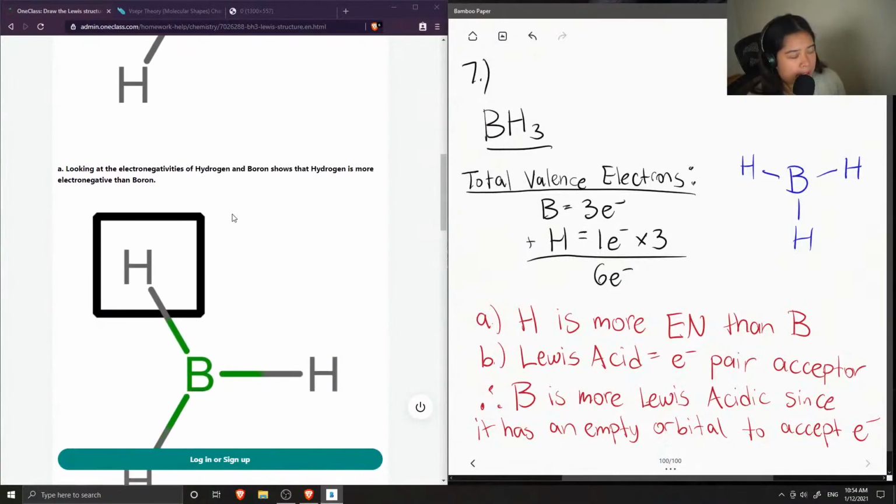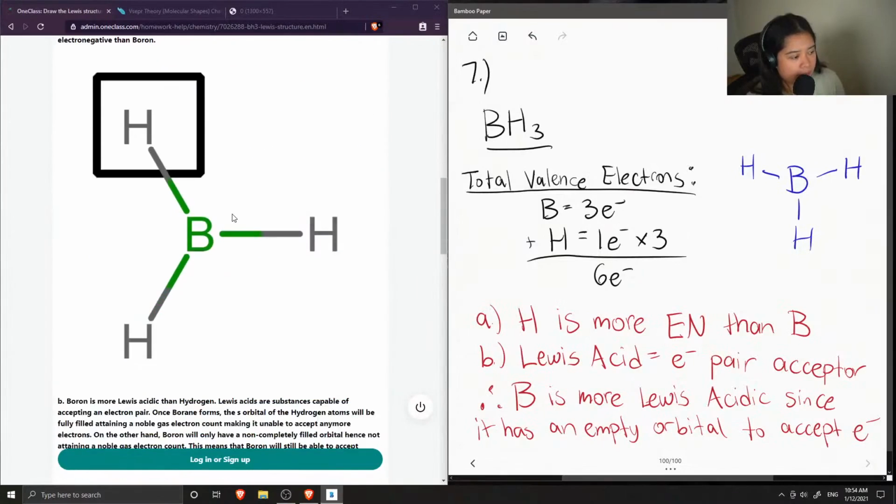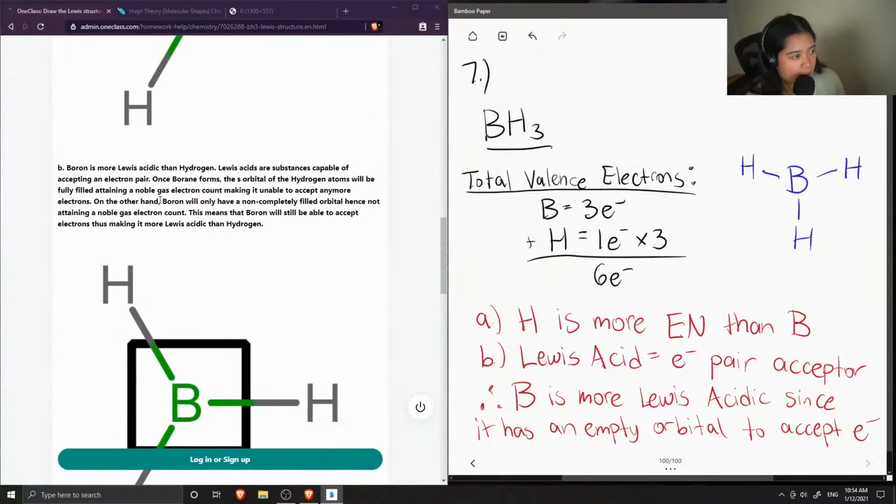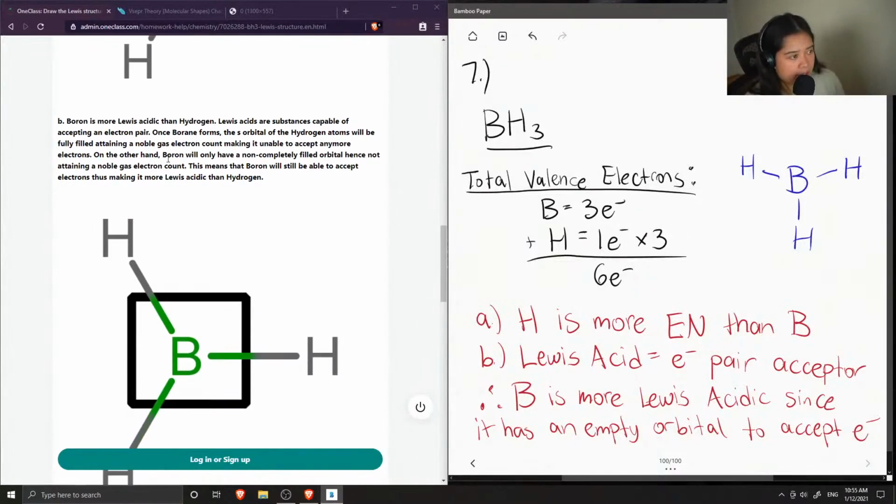Looking at the electronegativities of hydrogen and boron shows that hydrogen is more electronegative than boron, and boron is more Lewis acidic than hydrogen. Lewis acids are substances capable of accepting an electron pair. Once borane forms, the s orbital of the hydrogen atoms will be fully filled, obtaining a noble gas electron count, making it unable to accept any more electrons.